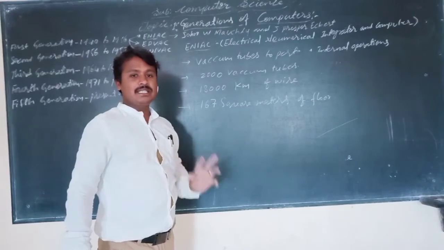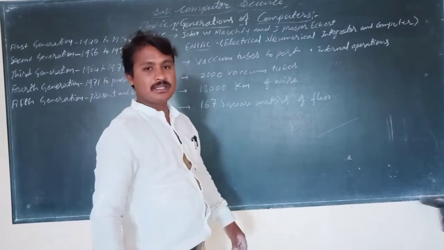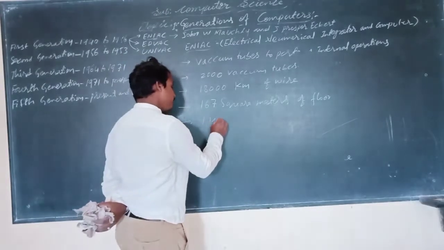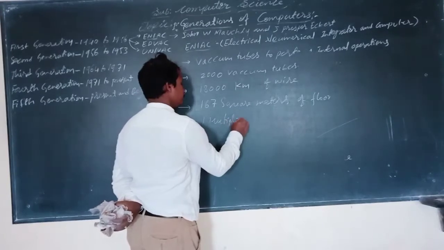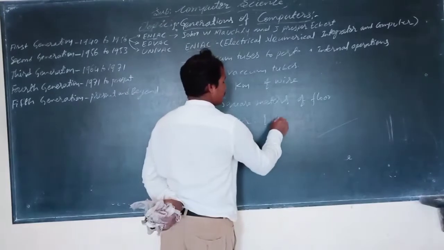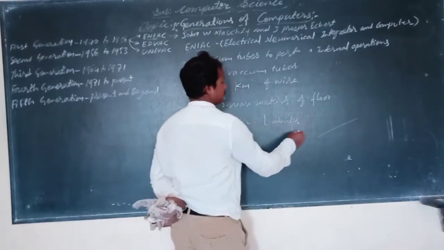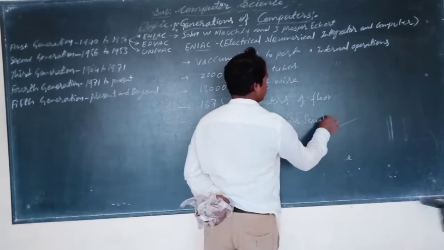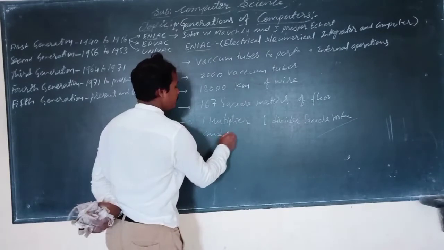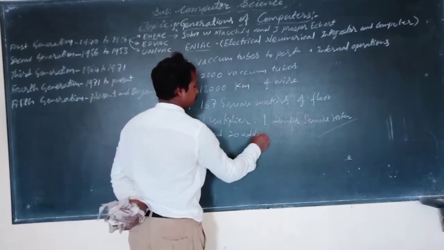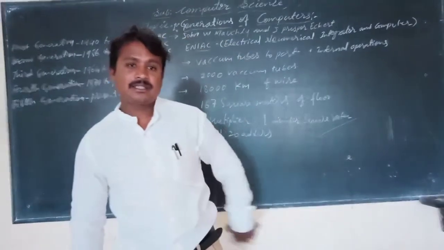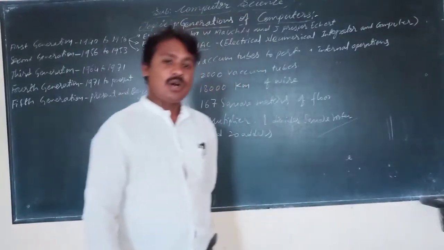One more important thing: to perform the arithmetic operations, it used one multiplier, one divider square rooter, and 20 adders, employing ring counters to perform the operations.